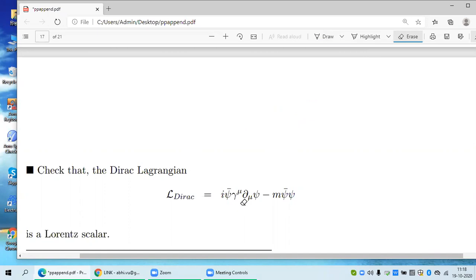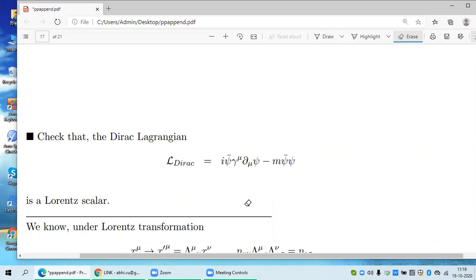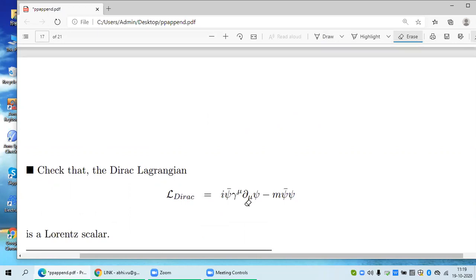We obtain this form of the Lagrangian by putting it in the Euler-Lagrange equation and seeing that the Dirac equations are derivable from it. Now you can check whether this is a Lorentz scalar. Not easily, you have to do lots of calculations, but they are straightforward, though involved, calculations.